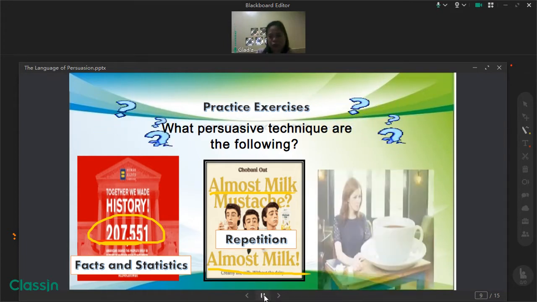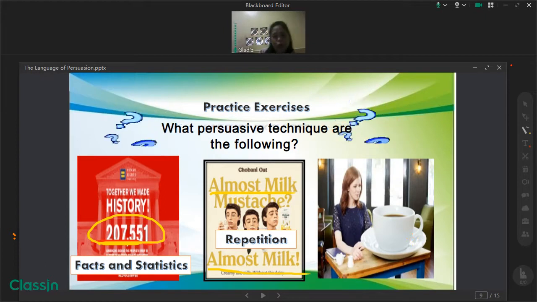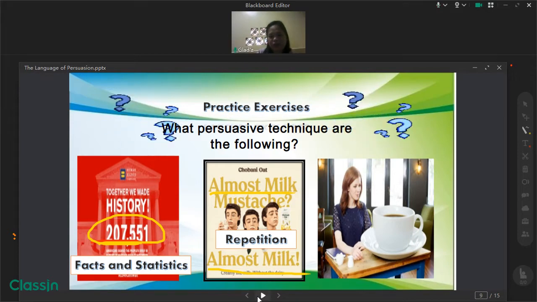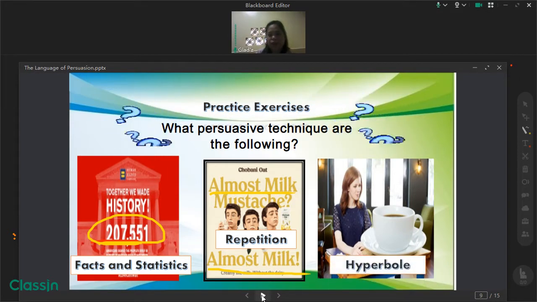And then the third one, there are no words there. We only have pictures. So this is a hyperbole. Okay, why do you say so, or how do you say so that it's an example of hyperbole or exaggeration? Because in the picture we can say that the woman is very tired, because of the bombarded paperwork.